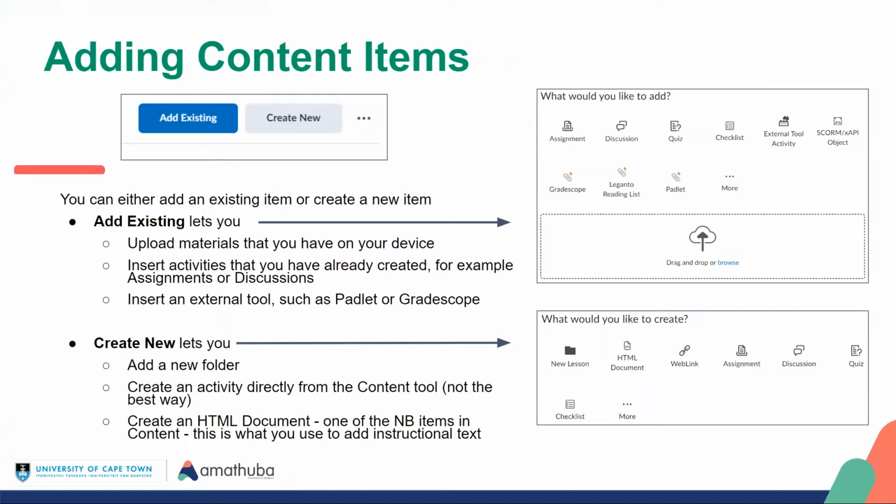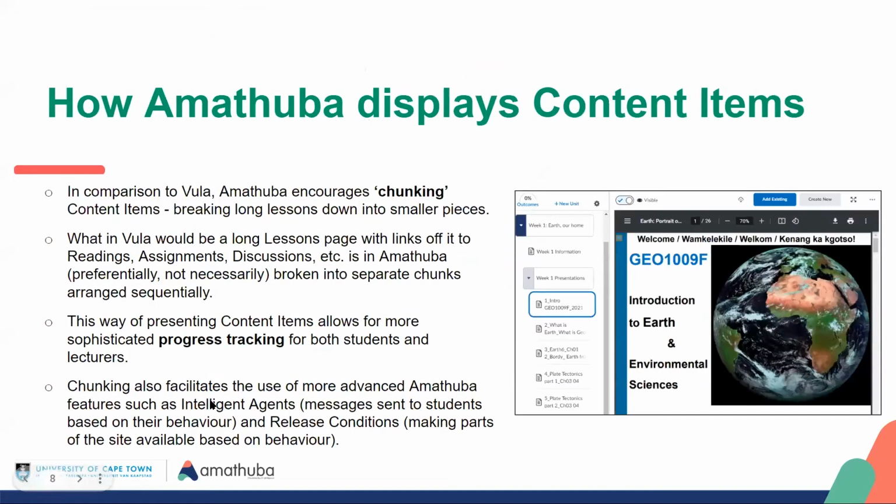Either at the lesson level, that's the second level, or at the folder level, the third level, you can add either an existing element or a new element. What we're going to do now is talk about this a little bit, and then we're going to have an opportunity to do that.